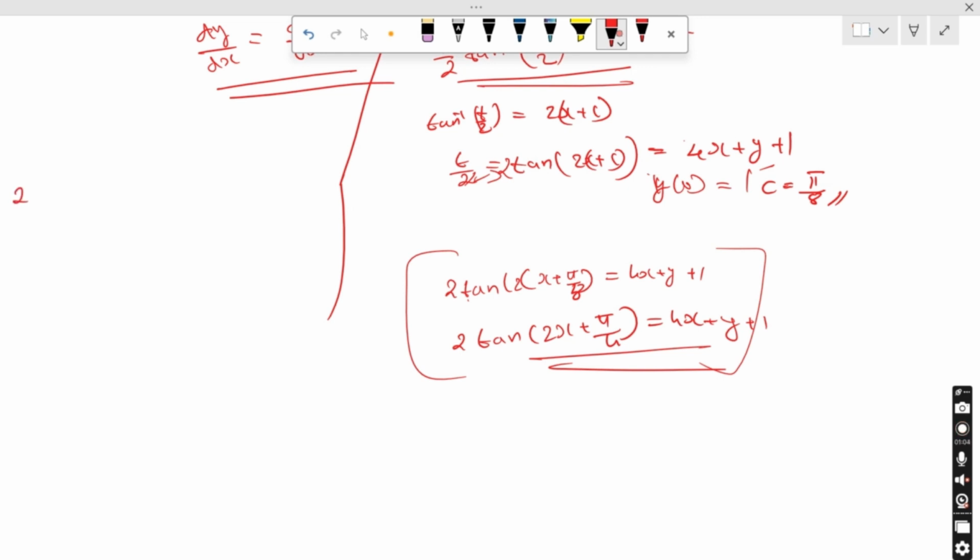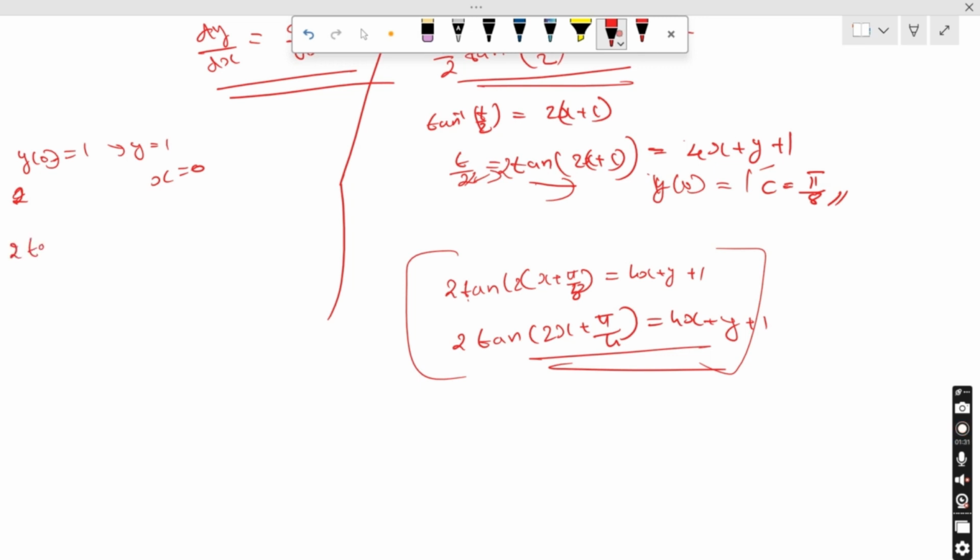It's given that y of 0 is equal to 1, which means we substitute y equal to 1 and x equal to 0, because x is the parameter and its value is 0 here, and its result is 1. We only have the unknown c, so solve for c.